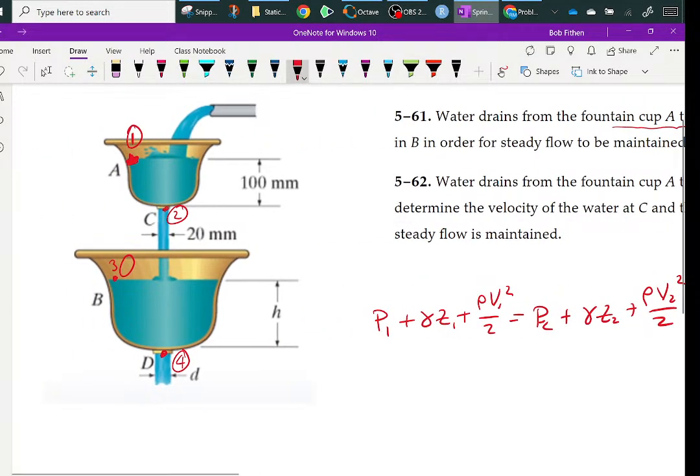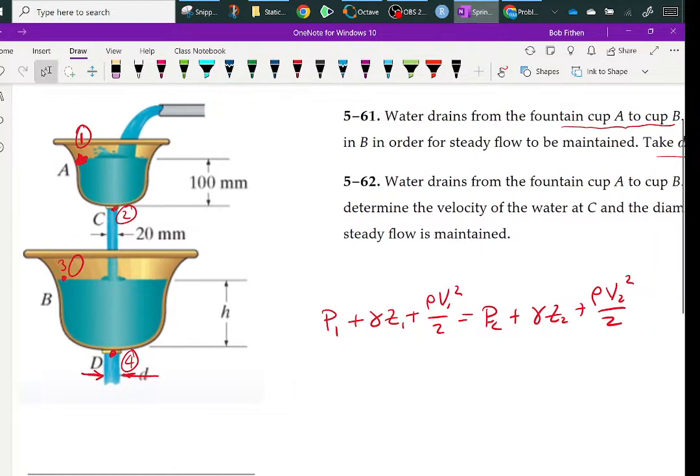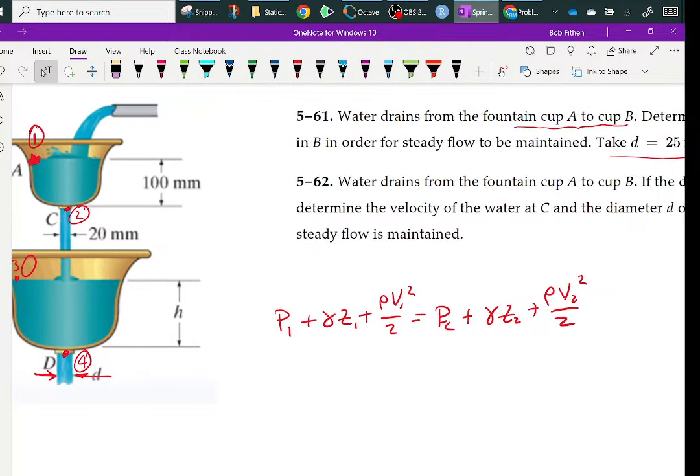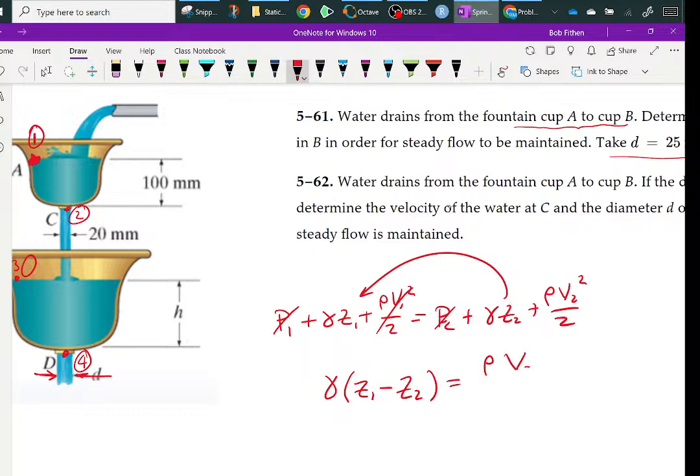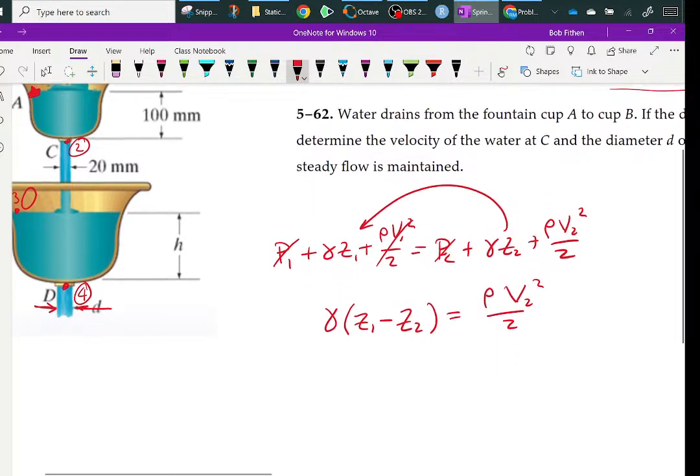Oh, D is at the bottom. Okay. So what we can find out about these two is they don't exist. We know that doesn't exist. The water's just sitting there. And we know, I'll put these things together so that gamma Z1 minus, move this over, Z2 is equal to rho V2 squared over 2.